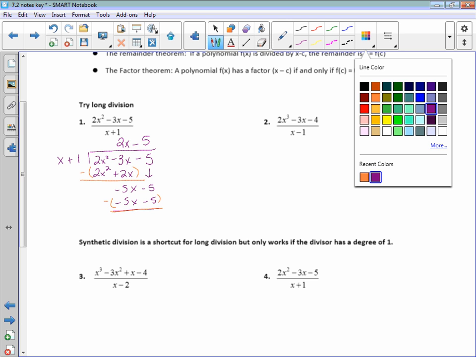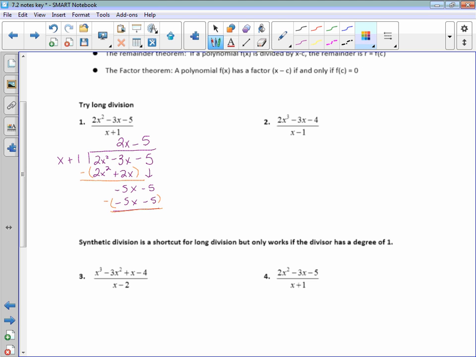Negative 5 times plus 1 is negative 5. When you're figuring out what to multiply by, it has nothing to do with this. It's only first term to first term. But you do multiply it by the whole thing. So when I subtract, I got 0, no remainder. That means my answer is just 2x minus 5.